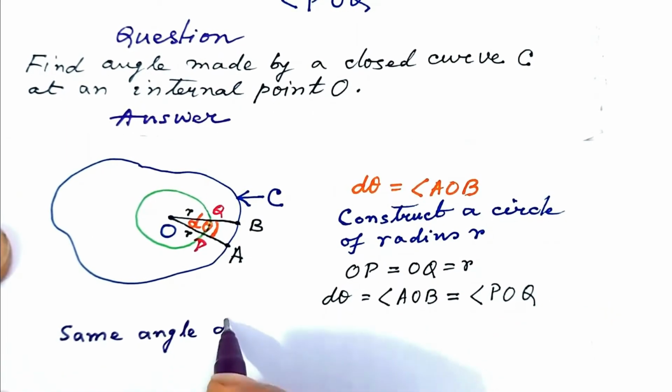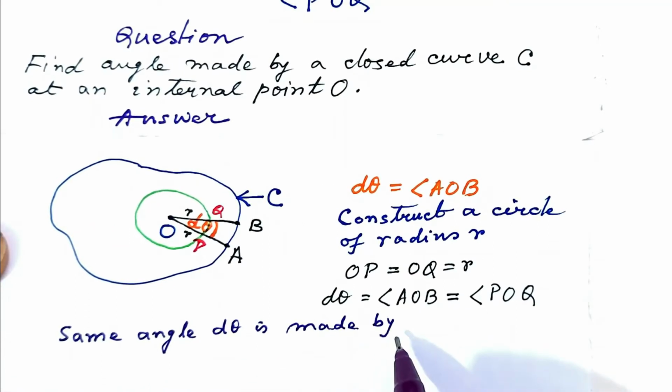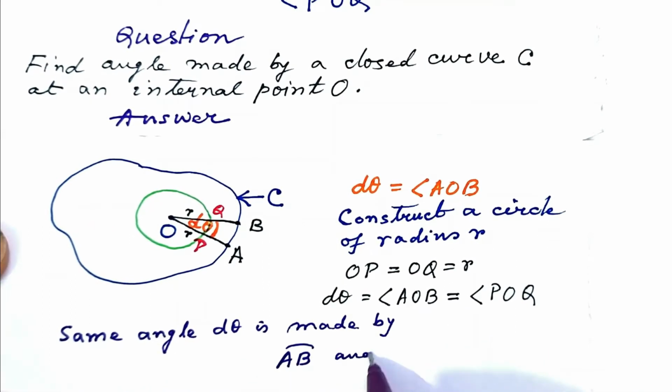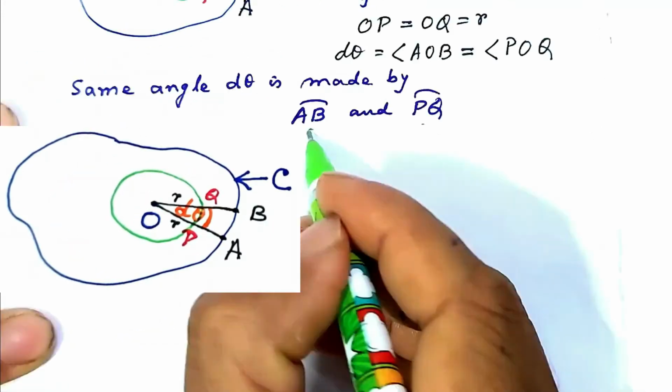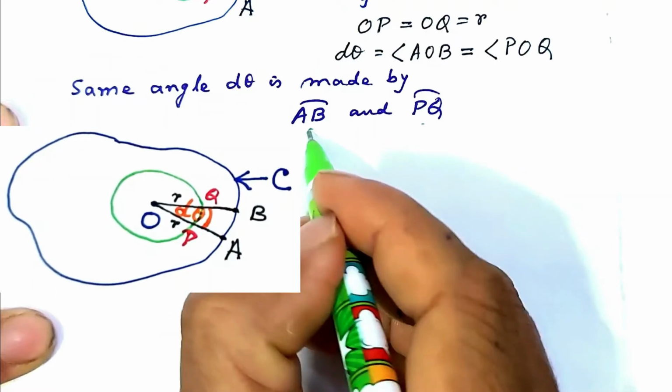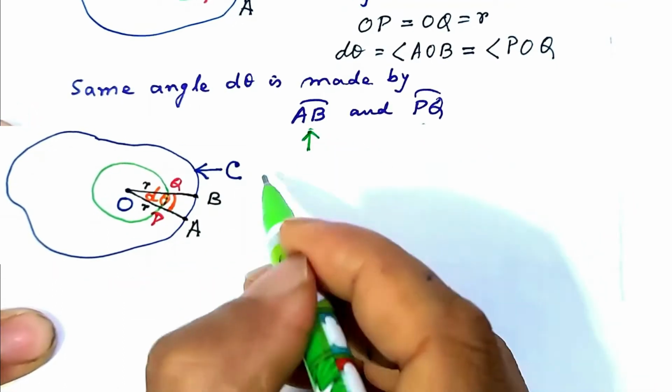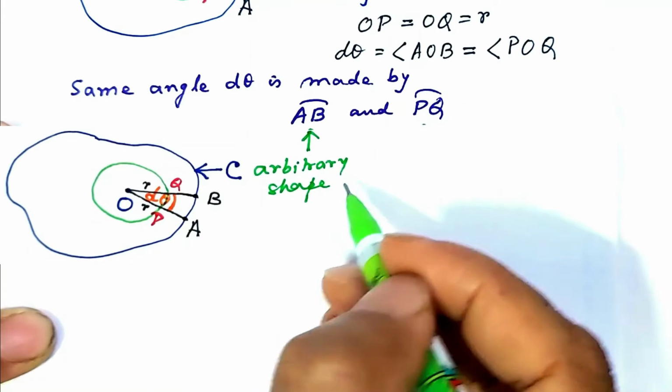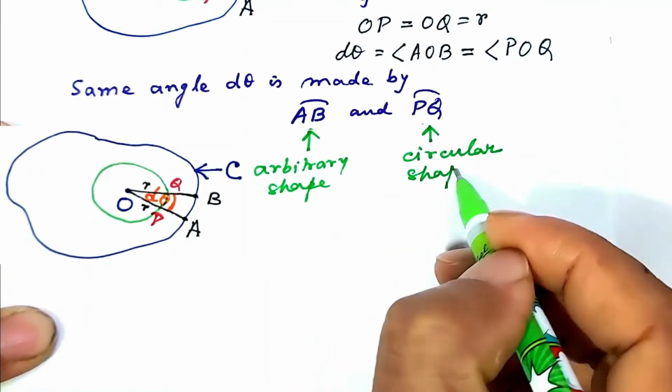The same angle d theta is made by the curvy portion AB and circular arc PQ. This is the figure we are referring to, and AB is a small portion of the closed curve C and PQ is a small portion of the circle we have just constructed. So AB is of arbitrary shape and PQ is of circular shape.